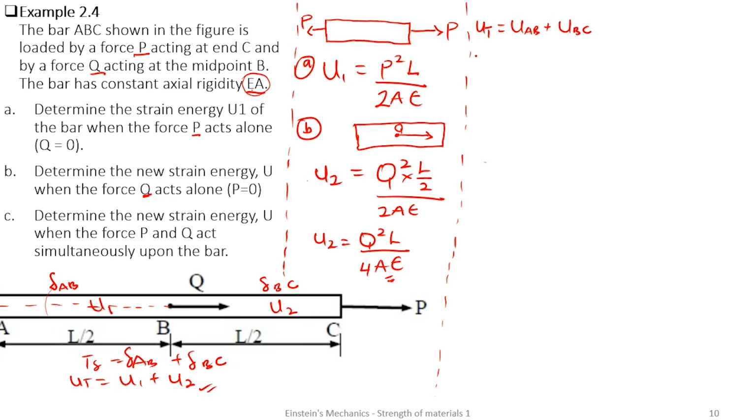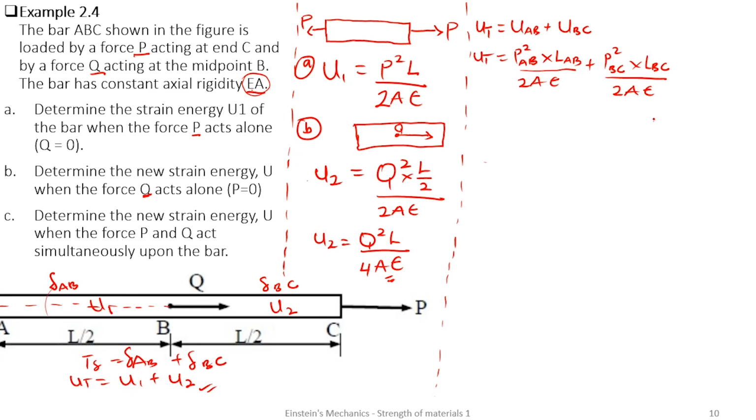So I can represent it by a formula UT, and know that it is always the force squared in AB, we are yet to deduce the forces, we'll come back, we are just writing the formula, times the length of AB over 2 times the area E, plus here we can say P squared times the length of BC over 2 times AE. Then we are good to go.